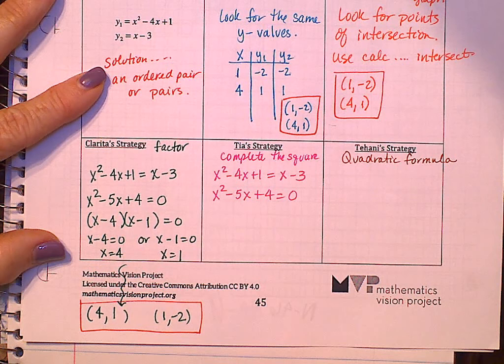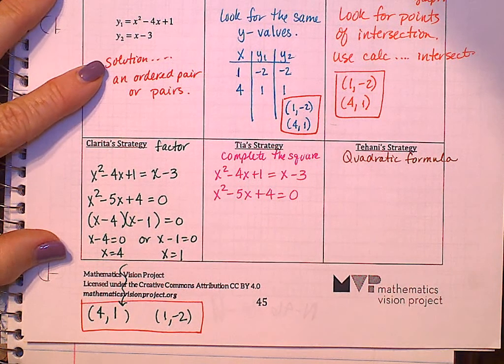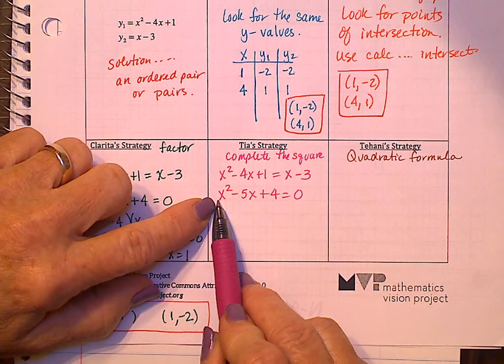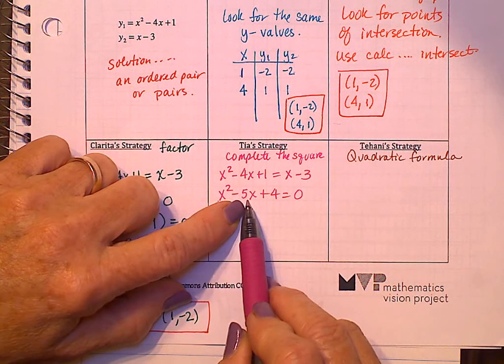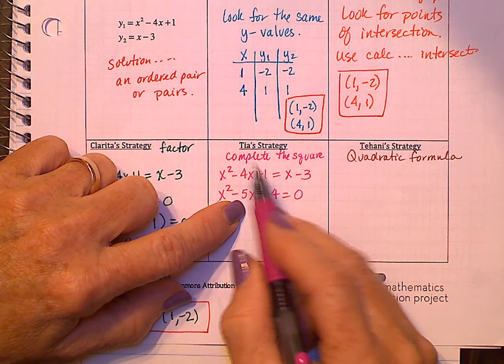And then we're going to look at this and decide, really, is this a nice setup to do completing the square? The leading coefficient of the x squared is 1, which is good, but this coefficient of the x is odd. That's not so nice. So we're going to say that, okay, Tia, you like completing the square, have at it.